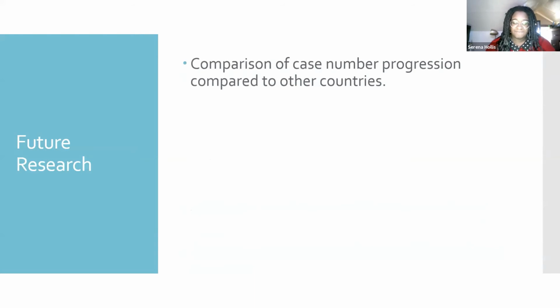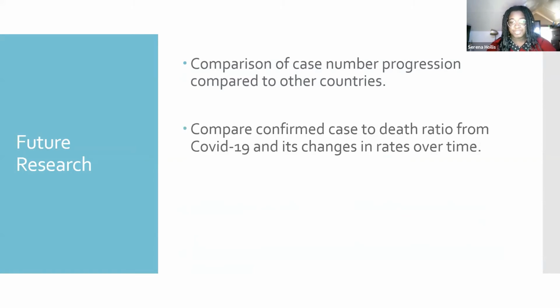And then for any future research, I would probably compare the case number progression to other countries, see if we're getting more cases per day than other countries or fewer cases per day than other countries. I would also compare the confirmed case to death ratio from the beginning of COVID-19 maybe towards the end.